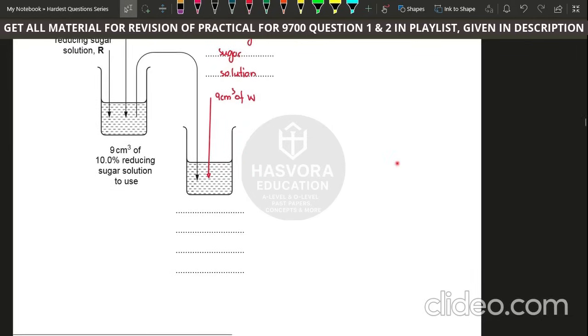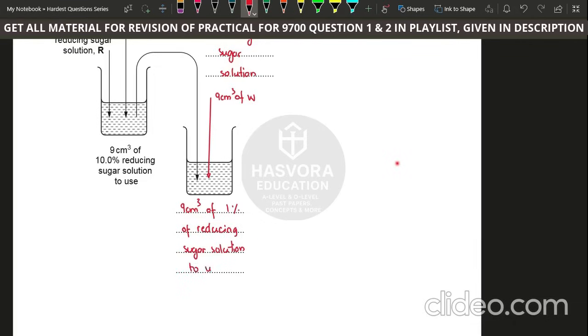I have reduced it by a factor of 10, so you will write 9 cm cube. Why? Because you have to transfer 1 cm cube from this as well. So 9 cm cube of 1% reducing sugar solution to use.